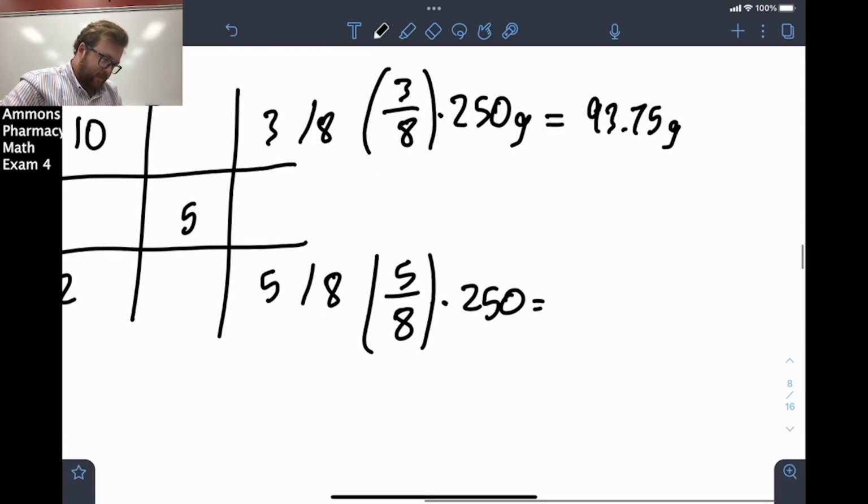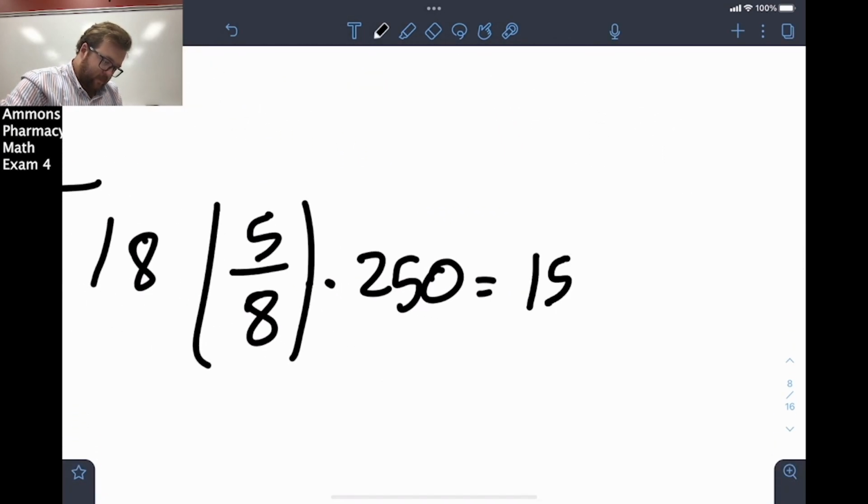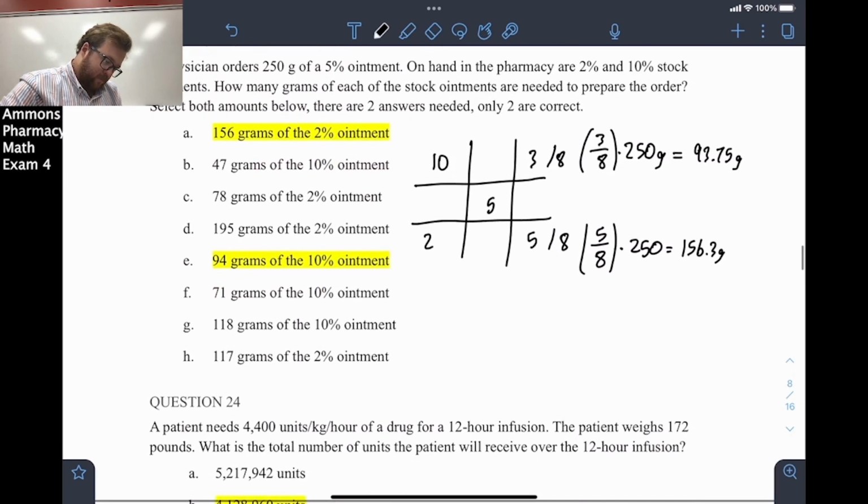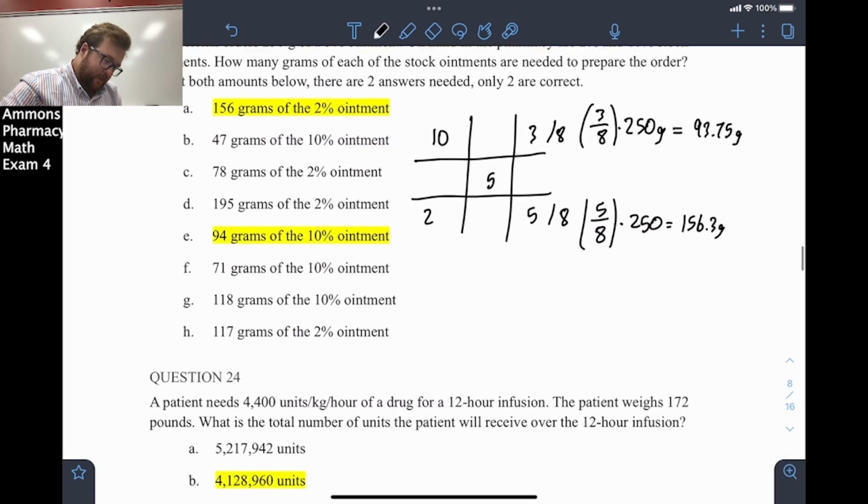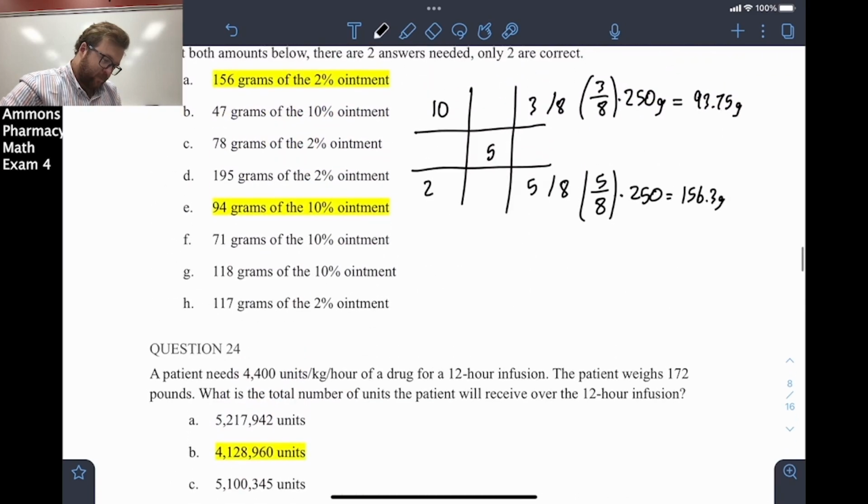And that is 156.3. So 156 of the 2%, and then 94 of the 10. Okay.